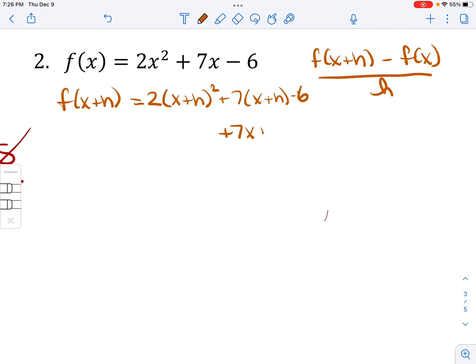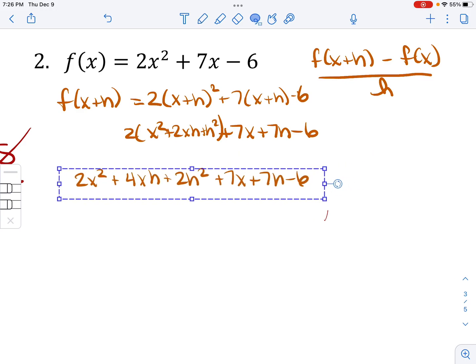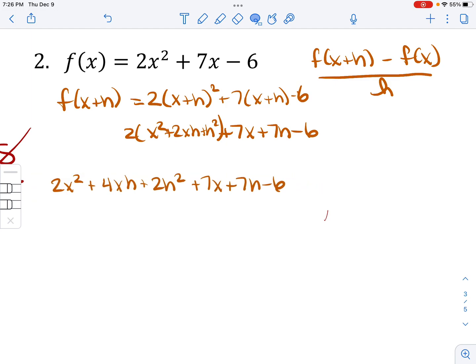Distribute that pretty easily. x plus h squared leaves you this. Then I'm going to distribute. If that takes you a little bit of time, or if you want to do some work on the side to get your answer, we've got that. That's what you get when you substitute x plus h into the original f function.